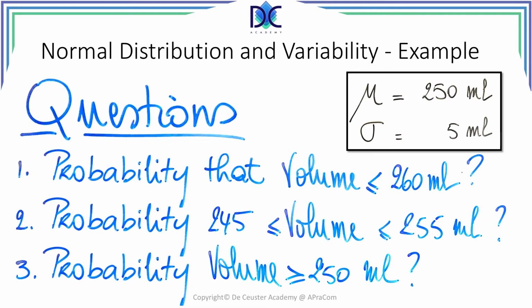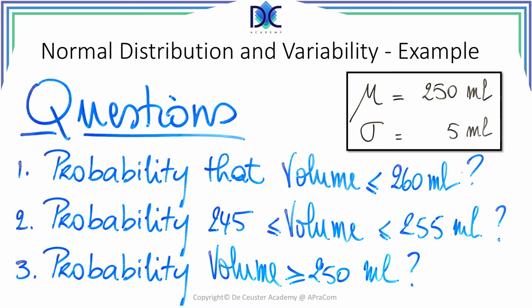When I look at 245, it's 250 minus 5, or the average minus 1 standard deviation, and 255 is equal to the average plus 1 standard deviation. This will already give you some hint how to calculate the probability.